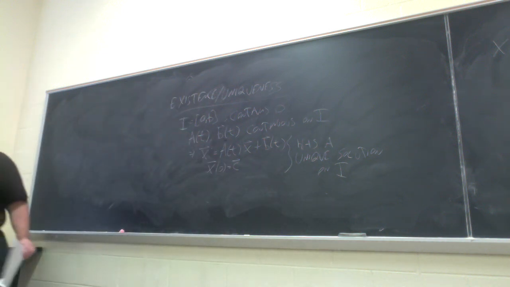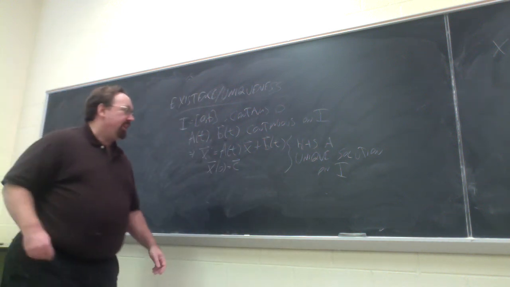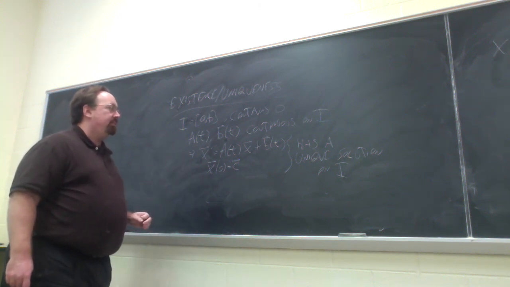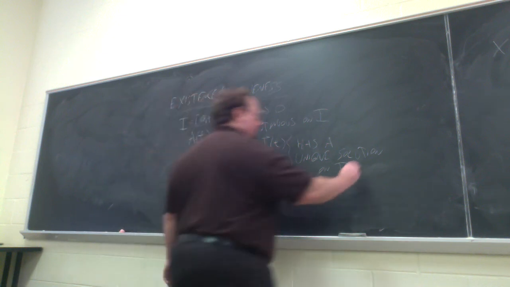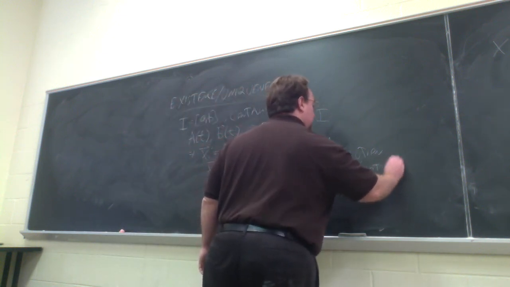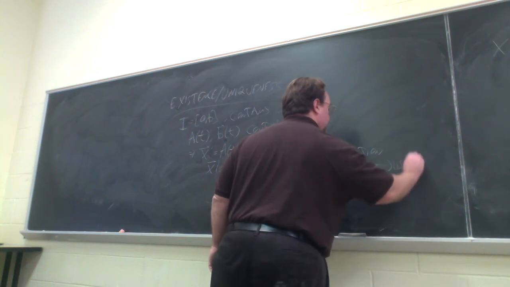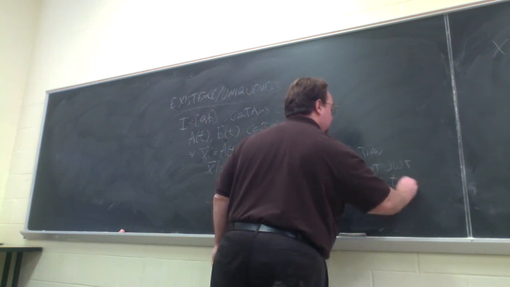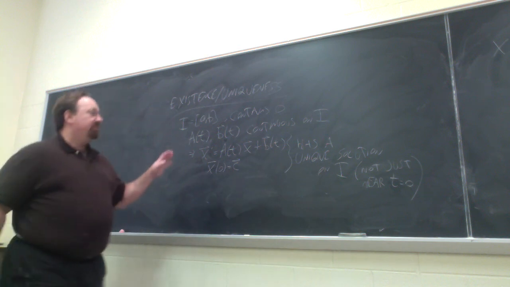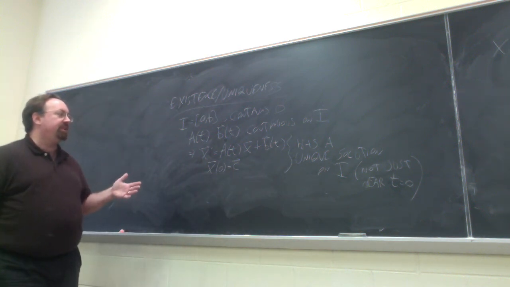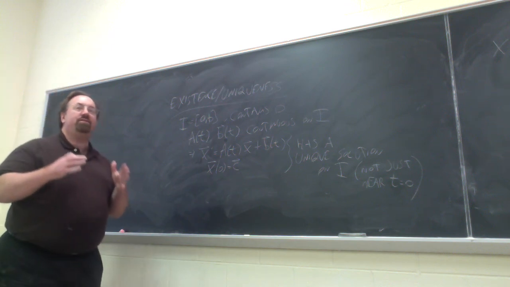Now, I want to emphasize the difference between this theorem and the theorem I presented last time for nonlinear systems. That theorem only proved that there was an assurance of a unique solution near the initial time.